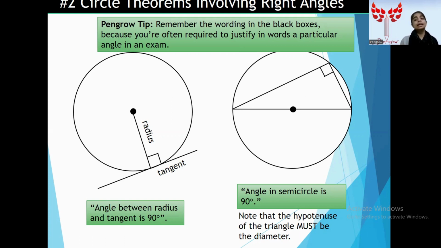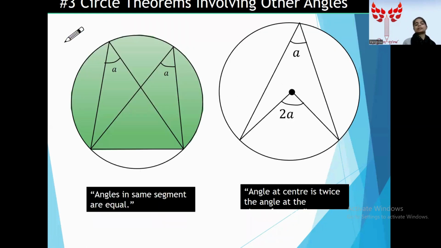Angle in semicircle is 90 degrees. You should remember these wordings because in your exam, you're supposed to write them. Okay. So always remember in this example, your diameter will always be the hypotenuse because it will be the length which is opposite to the 90-degree angle. Right? Let's move further. So here we are done with two theorems. Let's look at other theorems.